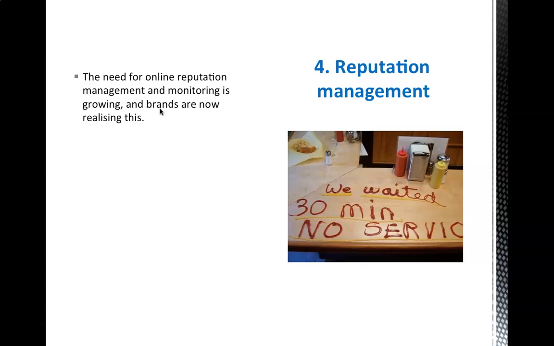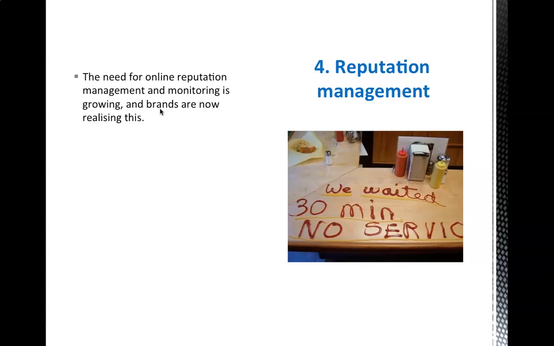Reputation management, without a doubt, and I think this is just growing and growing as well. A lot of companies now look at social media as almost a huge solution and a great thing, but also somewhat a problem, in that they have to be constantly monitoring their reputation online, because let's be honest about it, online presents an opportunity where people can throw stones at a glass house from behind a wall.